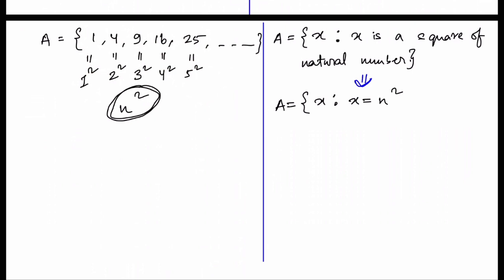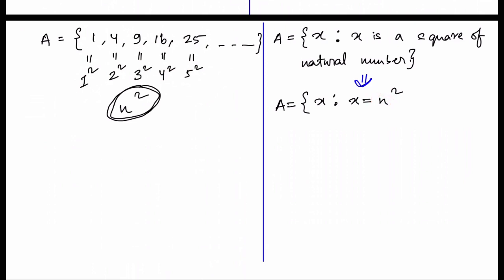Why did I say n square? Why have I taken n? Because this is the variable part. This base is varying, and the square is the same for all the elements. We have represented the base using n.